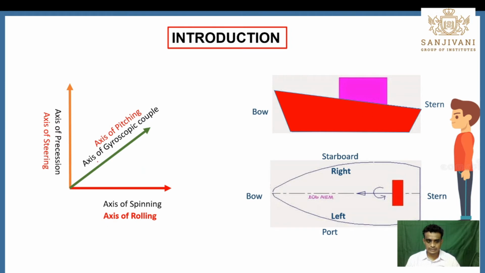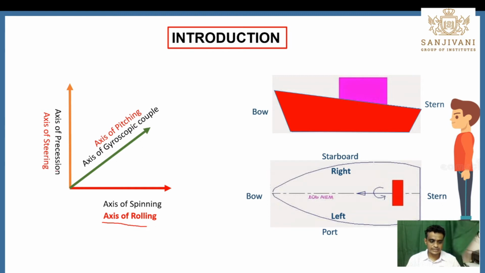Now, during the steering we need to consider three axes. One is the axis of spinning, which is the axis of rolling. The second one is the axis of pitching. In this case the rotor rotates about this axis, which is the axis of rotation.